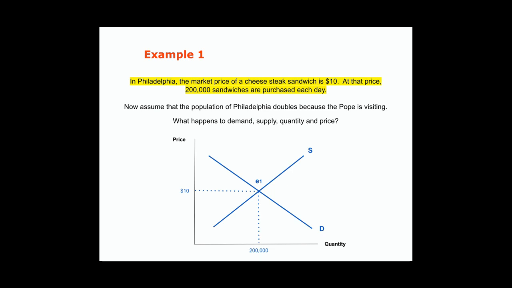How do we know that? Because that's how many sandwiches are sold each day. So that's where we begin. Now we look at the next fact. Something is changing in this market. The population is going to double because the Pope is going to be visiting Philadelphia.